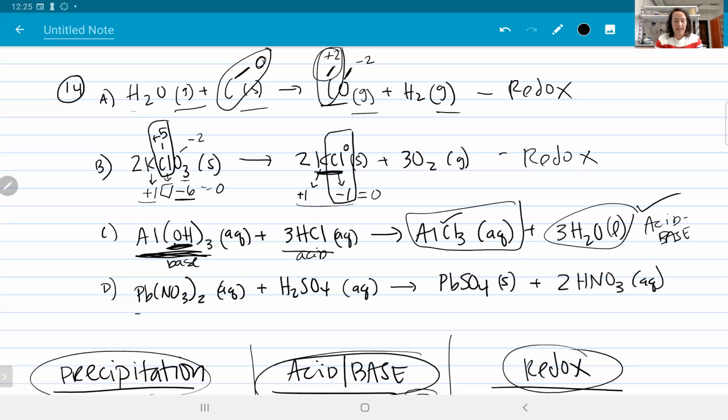So I've got lead nitrate, aqueous, plus sulfuric acid, aqueous, yields lead sulfate solid and nitric acid aqueous, HNO3. Remember, H2SO4, big red flag, it's an acid. But is Pb(NO3)2 a base?